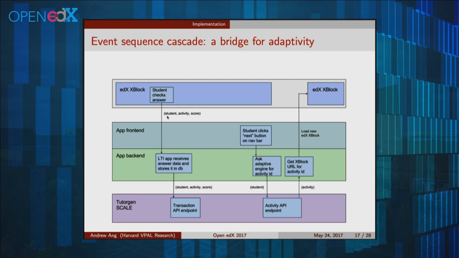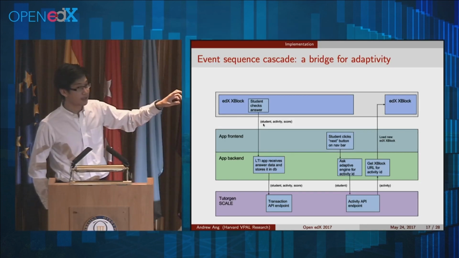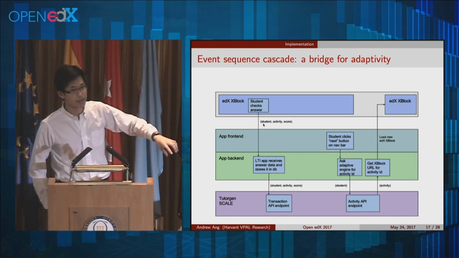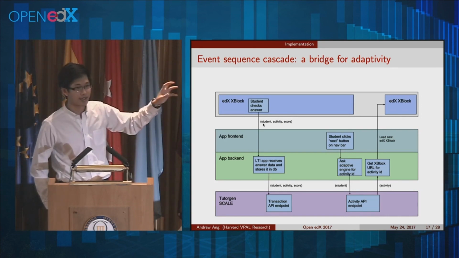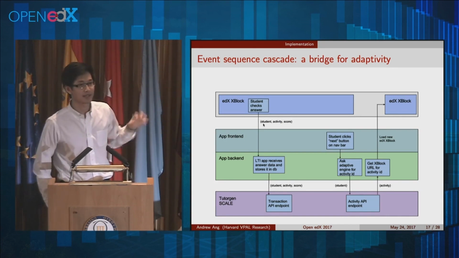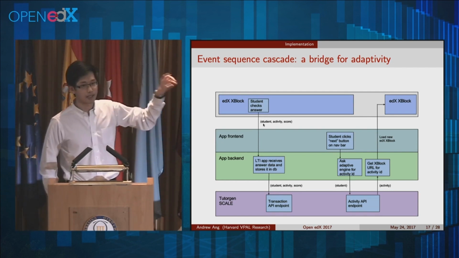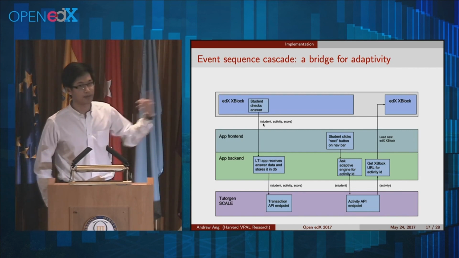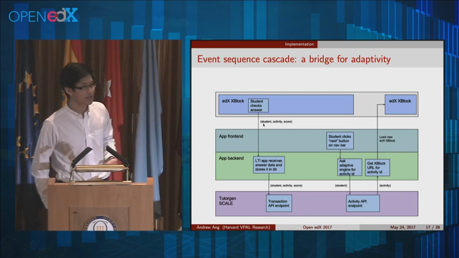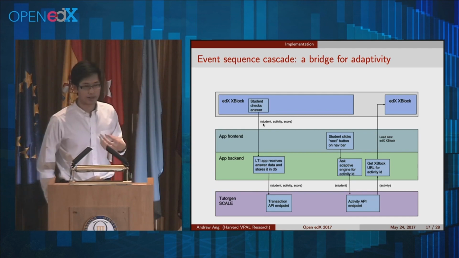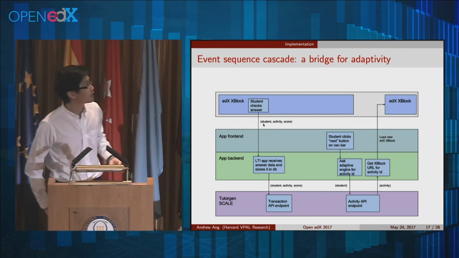It makes the API call to our app backend, and then we store that information in our database, and we forward it on to Tutorgen. The reason why we act as this middleman is because we need to keep track of running tallies of scores for displaying the UI and we also need to keep track of the score in order to do a grade passback afterwards.